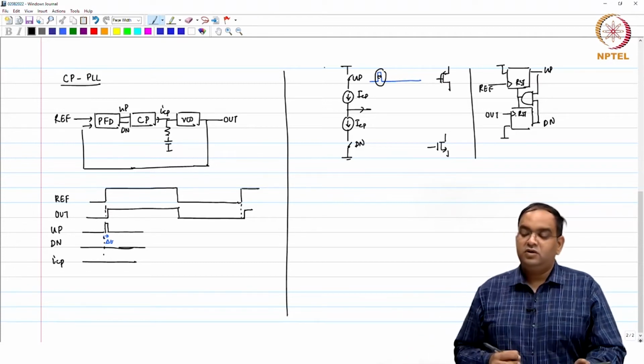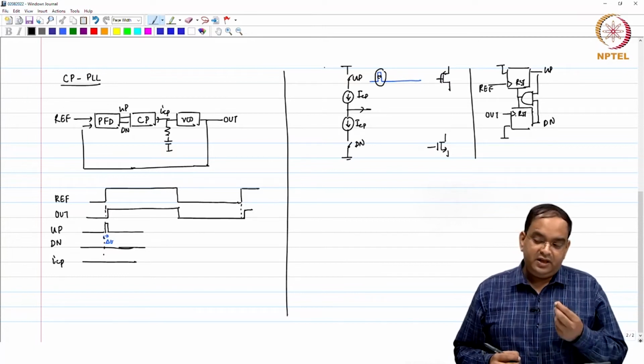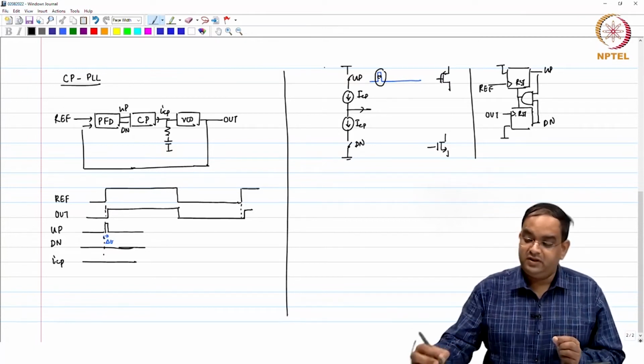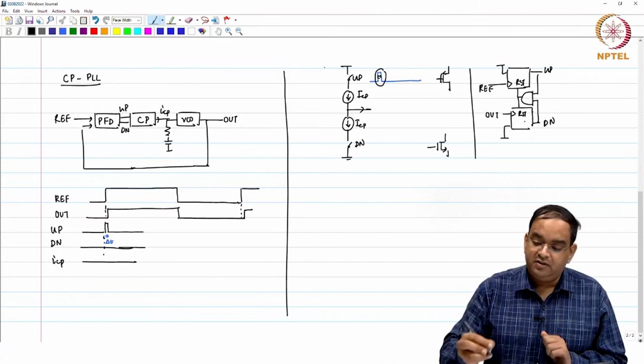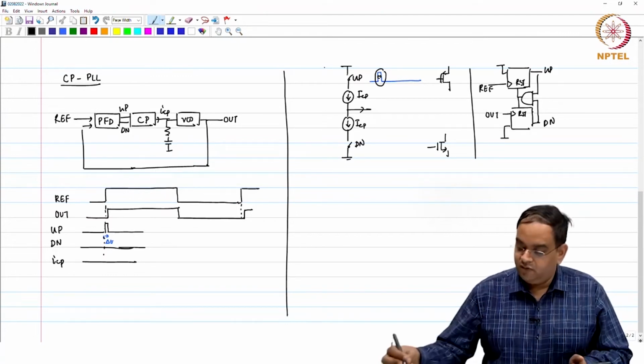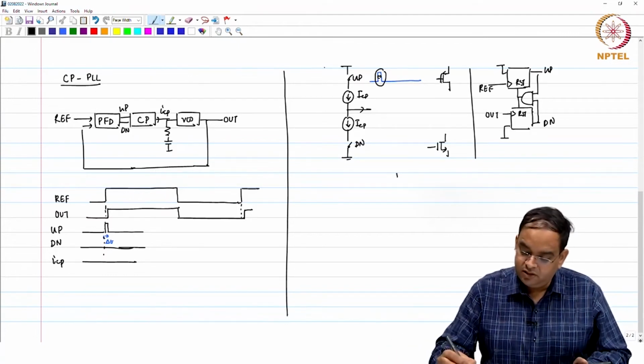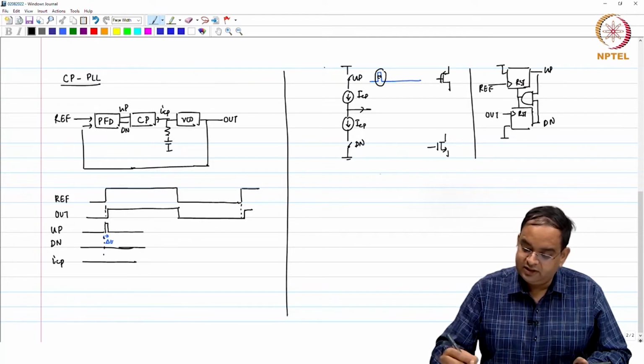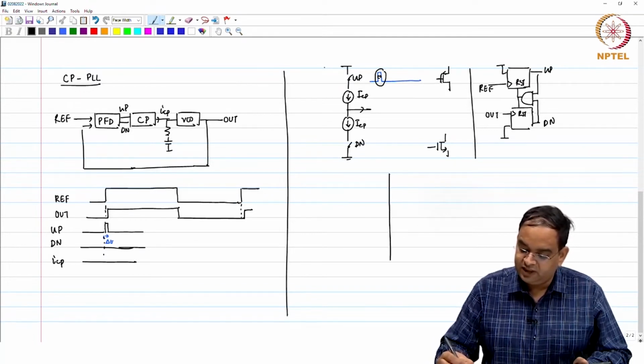So, the up and down pulses which we have here are so narrow in this particular implementation that your switch cannot turn on, which will now give a different characteristic for PFD plus charge pump.